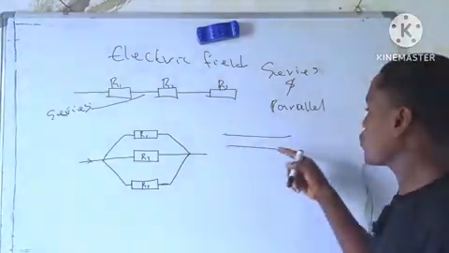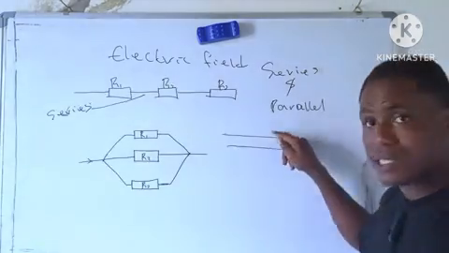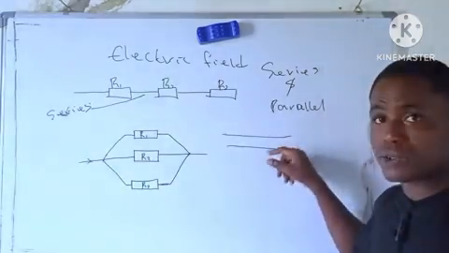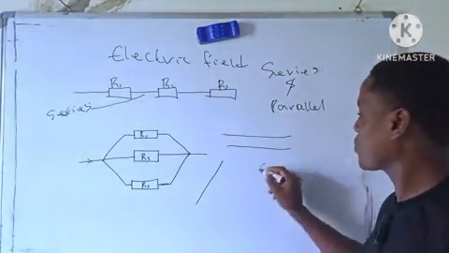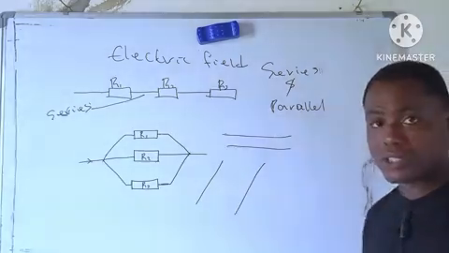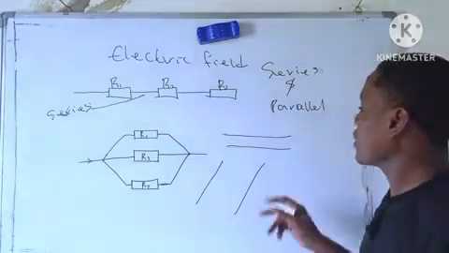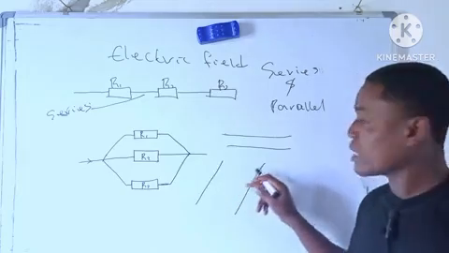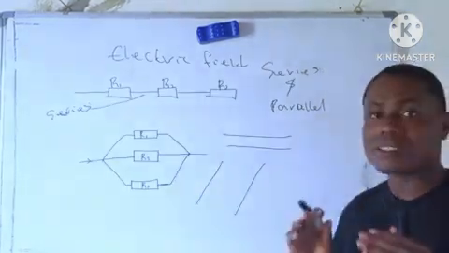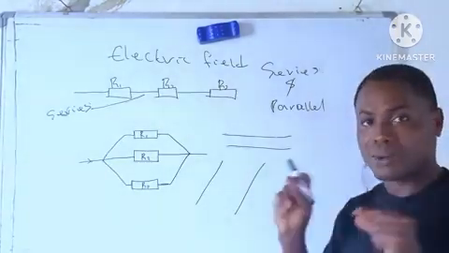Meaning that these two lines are facing each other, but in opposite direction, isn't it? And these two lines too, are they not facing each other? They are facing each other, meaning that they are in parallel, facing each other at the same time.